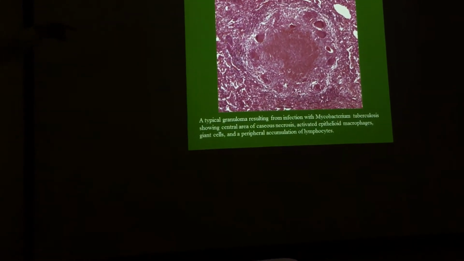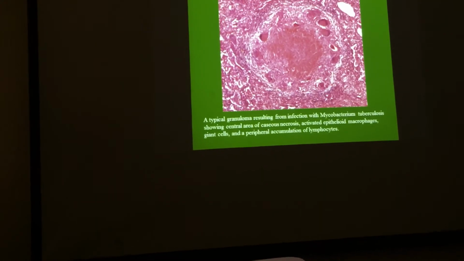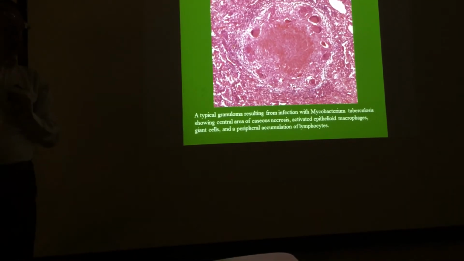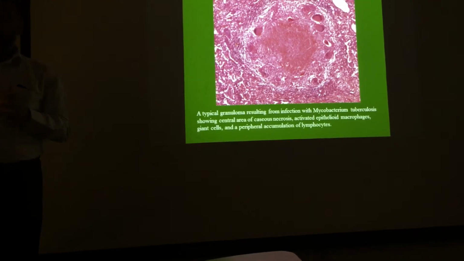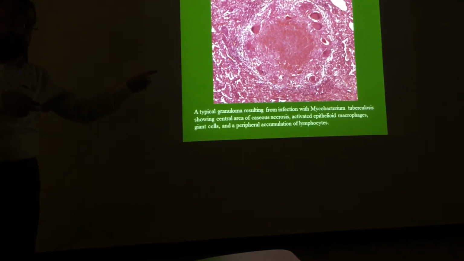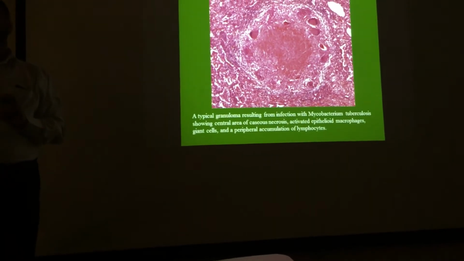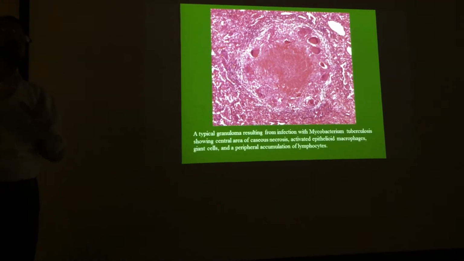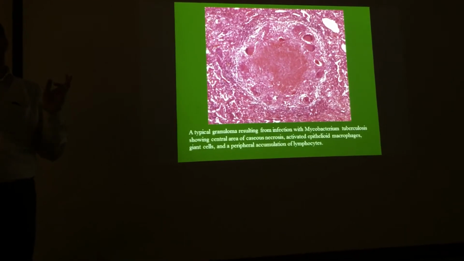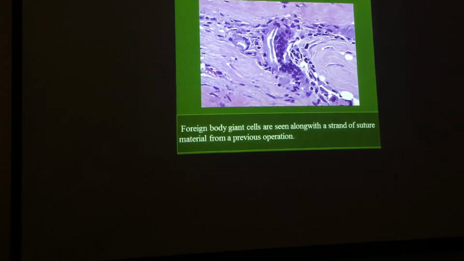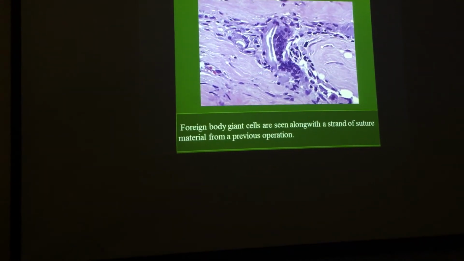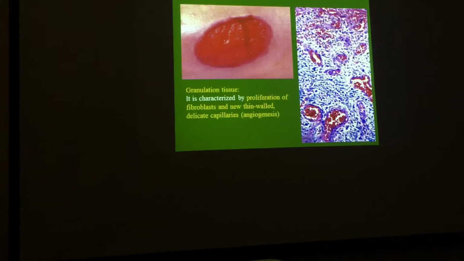You find these two things, so this is typically chronic granulomatous inflammation, and the most important cause will be tuberculosis. What type of giant cell is this? Foreign body type giant cells.